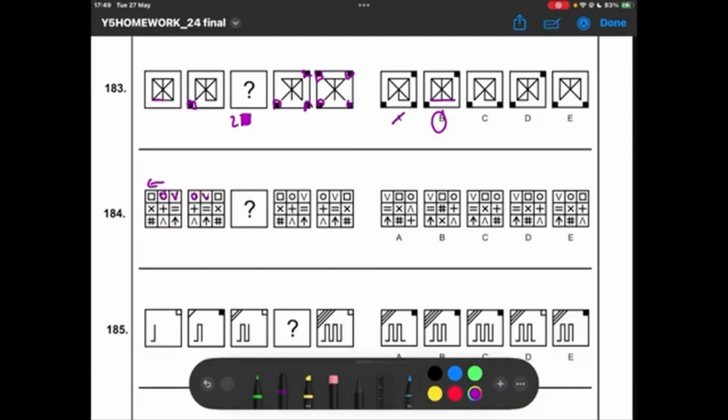The V was here, now it's there. So let's look at the top row first. So the square was here, now it's going to be here. The V was here, now it's going to be here. And then that means the circle is going to be here. So V, square, circle. So they've all got that.